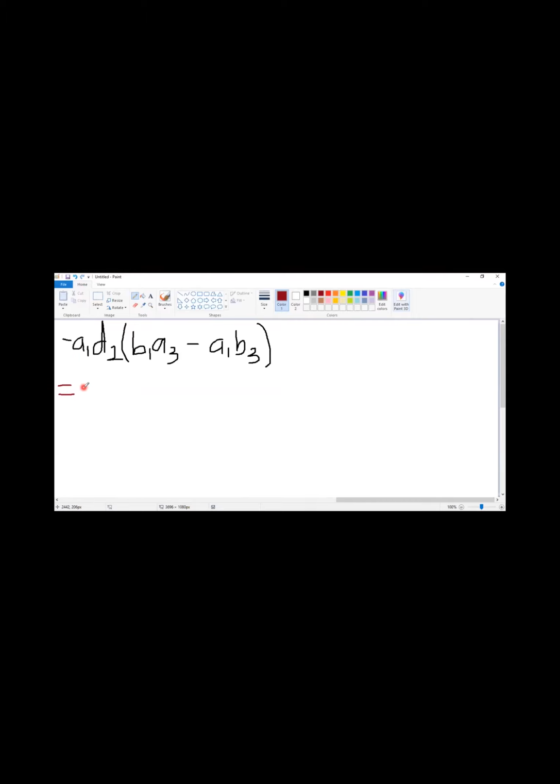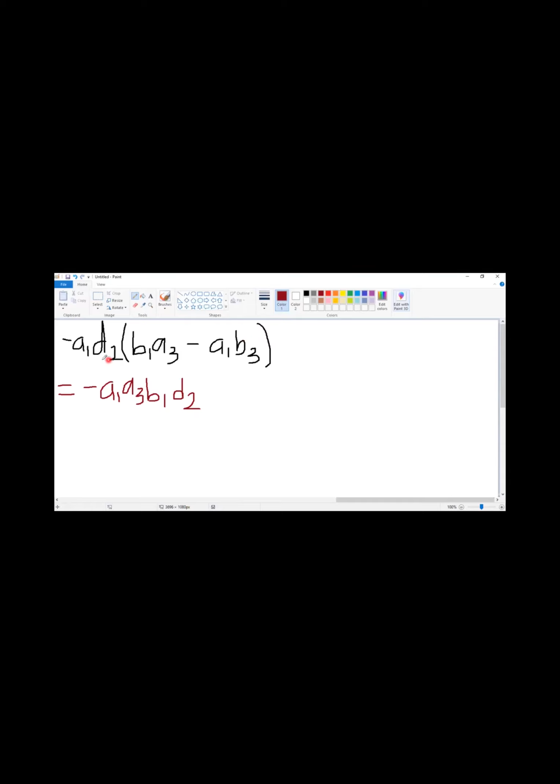So we have minus A1, A3, B1, D2. Sorry for the space there, but now we've multiplied these two together.